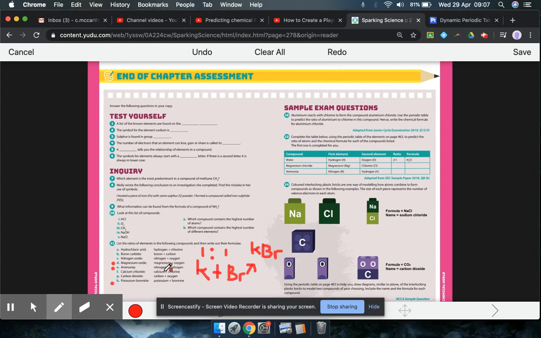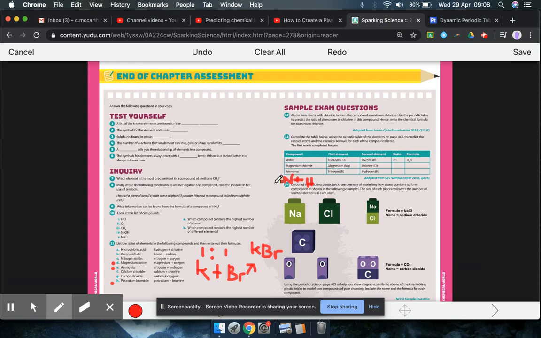on chemical formula. Okay, I just want to look at last year's questions. Ammonia we just did, so we worked that out as a ratio here. We worked out that it was N plus H. Okay, and we worked out that hydrogen was in group 1, and we worked out that nitrogen was in group 5.